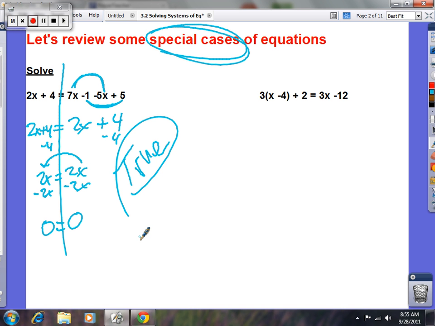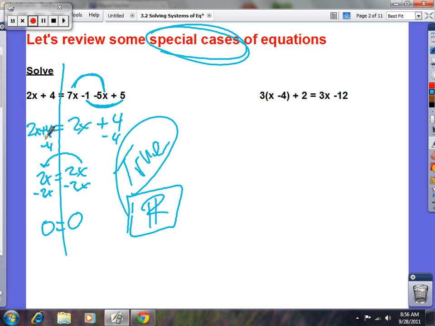If you get an equation that ends up weird but is true, your answer is this: all real numbers. That means no matter what you plug in for x, you're going to get the same on both sides. Look at this. On the left I had 2x plus 4. On the right I had 2x plus 4.